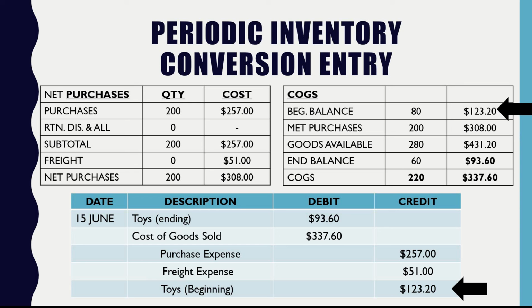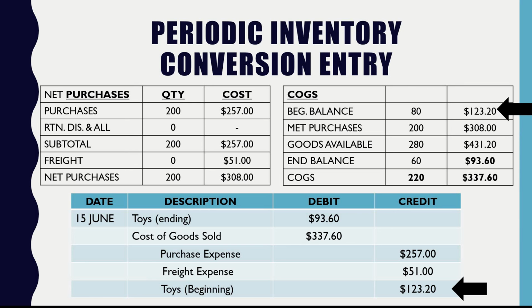But here, I only made purchases of 200 units at $257, and the freight that cost me was $51. But I had 280 available. So that's where I also need to say I sold an additional 80 units from my beginning inventory as part of my cost of goods sold.